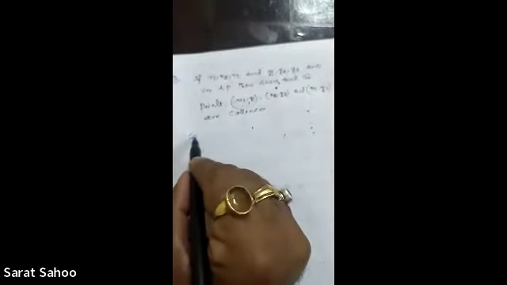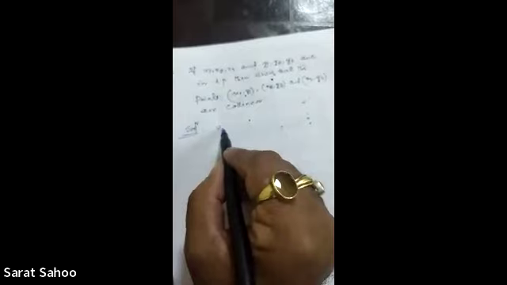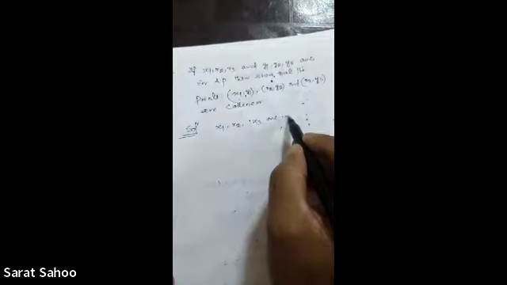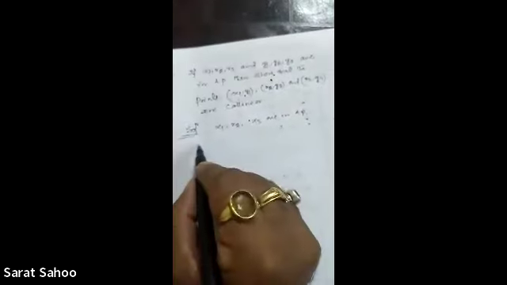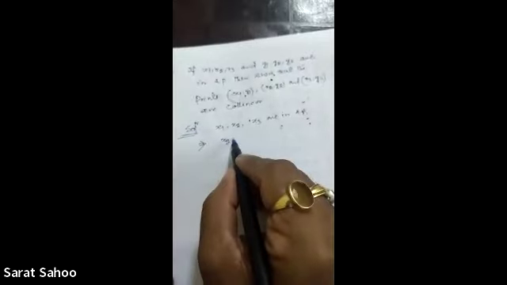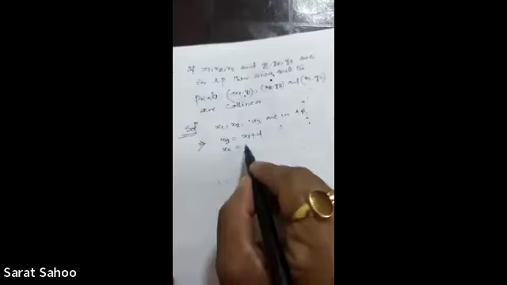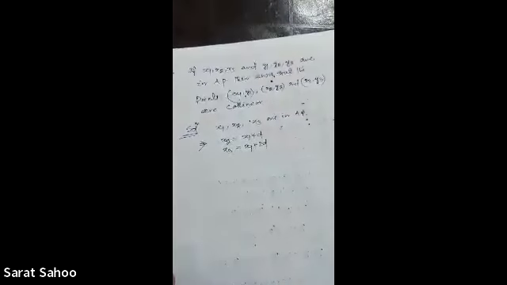To prove the points are collinear, it is enough to show that the area of the triangle formed by joining these points is 0. So x1, x2, x3 are in AP and y1, y2, y3 are also in AP. This implies x2 is equal to x1 plus d and x3 is equal to x1 plus 2d.